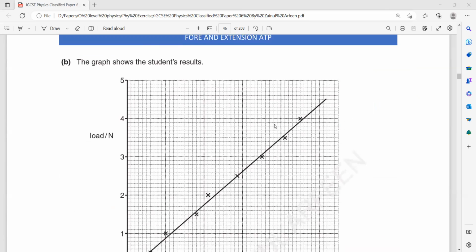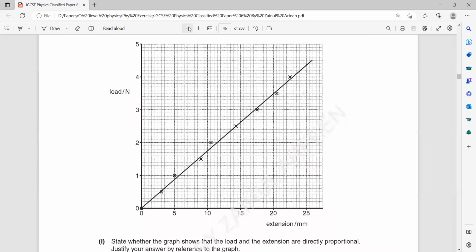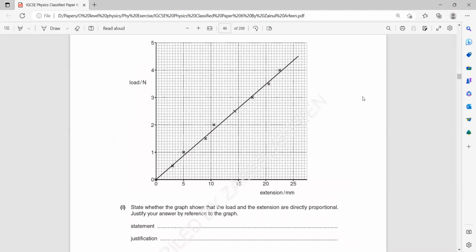Then the graph shows the results of the student. State whether the graph shows that the load and extension are directly proportional. When two quantities are directly proportional, from the graph, the first thing is that it must be a straight line.